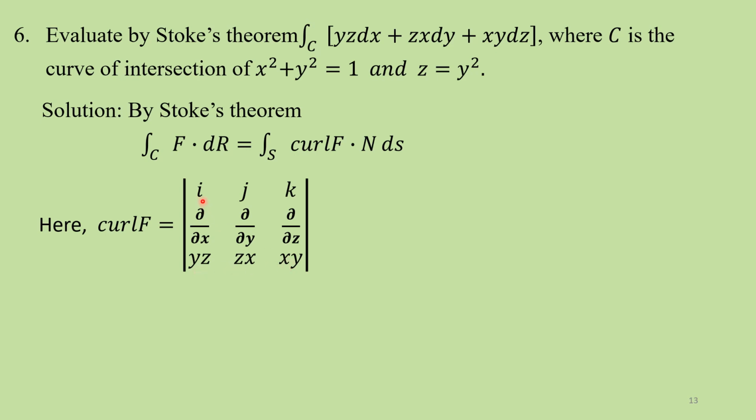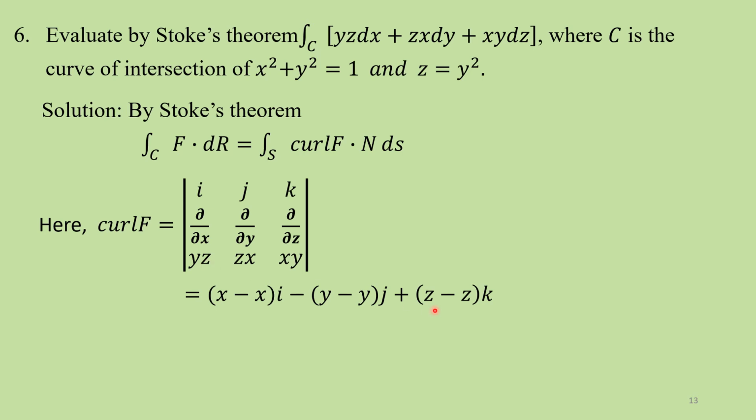So I can take i times dou by dou y of xy, that is x, minus dou by dou z of xz, that is x, so x minus x, the component of i is 0. Minus j times dou by dou x of xy, that is y, minus dou by dou z of yz, that is y, so y minus y, again the component of j is 0. Plus k times dou by dou x of zx, that is z, minus dou by dou y of yz, that is z.